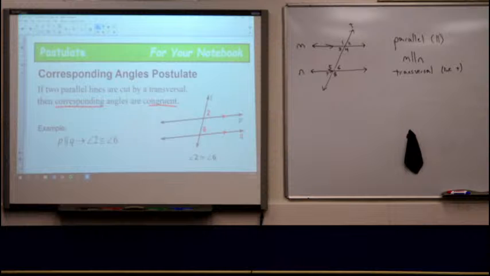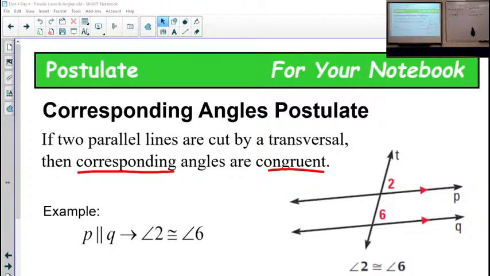So our first type of angles are corresponding angles. And this is where you want to start writing down the notes. This is your first blank. Corresponding angles are 2 angles. I said that there were kind of 2 different groups of 4 angles.